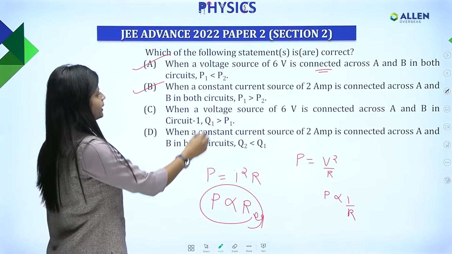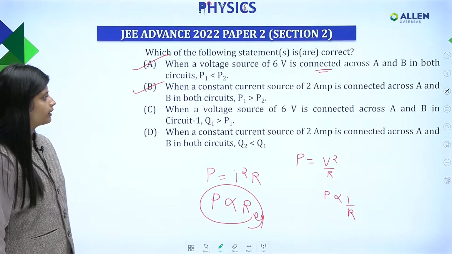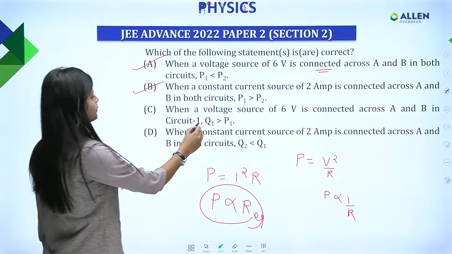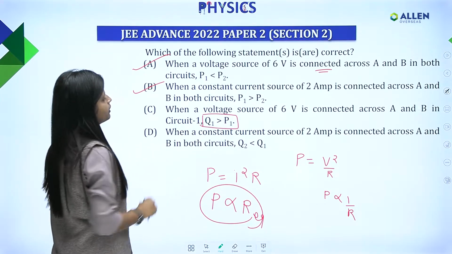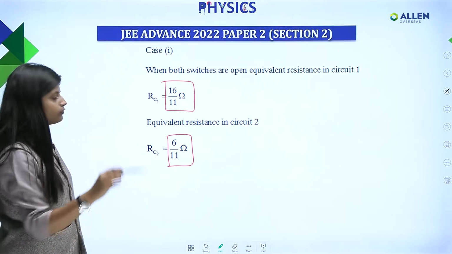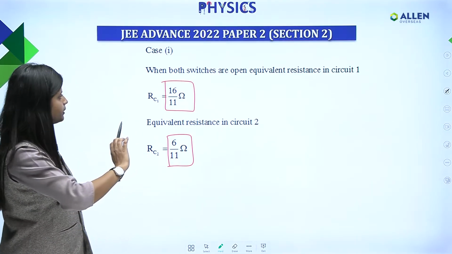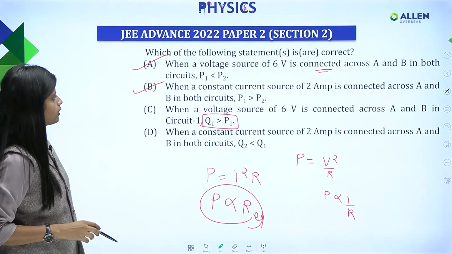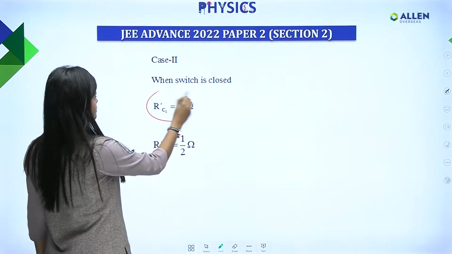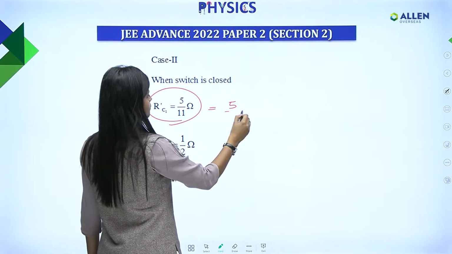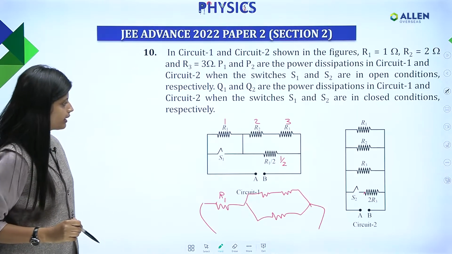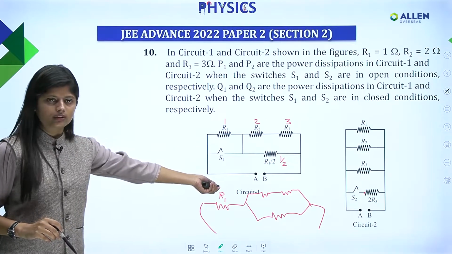C option. When a voltage source of 6 volt is connected across A and B, Q1 and P1. Now we are comparing Q1 and P1. So for Q1 we need, Q1 is the second situation. So for Q1 we need this resistance 5 by 11 ohm, which is again, how did we get that resistance? By closing the switch.